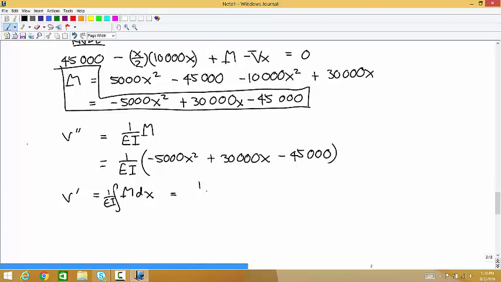And that is 1 over EI times negative 5,000 divided by 3, that's negative 1666.6 repeating x cubed plus 15,000x squared minus 45,000x. And then we have our first constant of integration, call it C1.